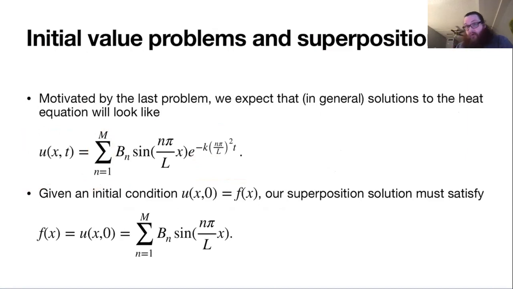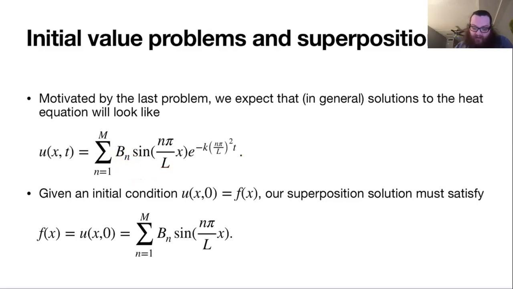And so of course, if we're adding up a bunch of these product solutions, each of these product solutions had a constant that depended on n. So we're going to specify that the constant that appears right here depends on n, a different constant for each of these different building blocks.